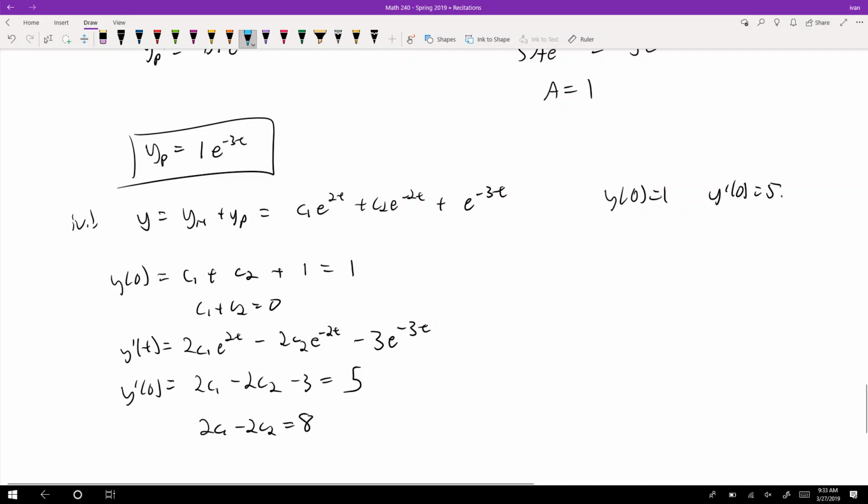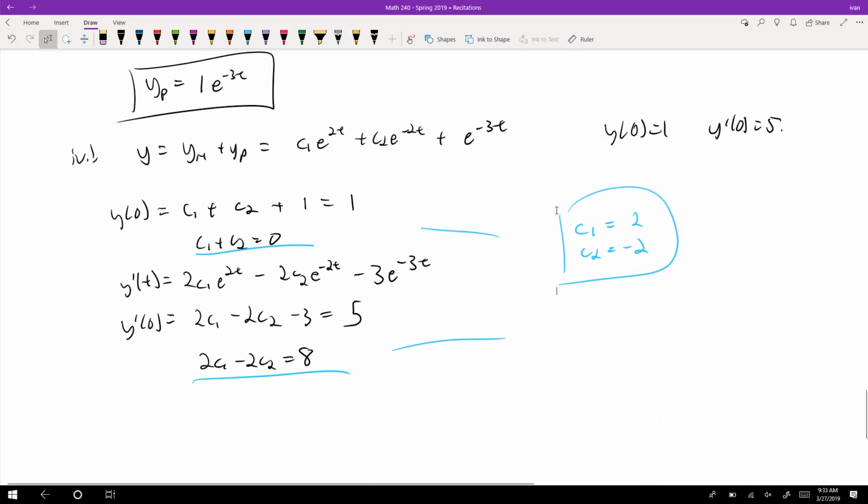Now I have two equations and two unknowns, so I can solve a system of equations. If you do that, you'll get c1 is equal to 2 and c2 is equal to negative 2. That's the result of the system of equations with those two equations.